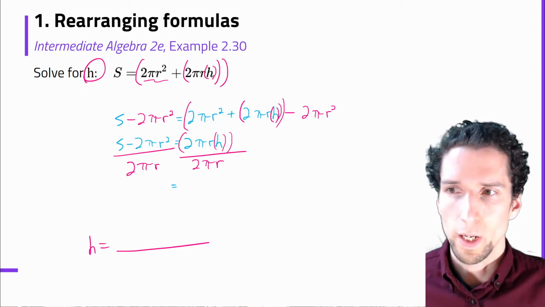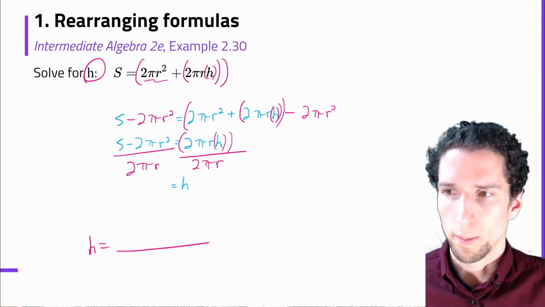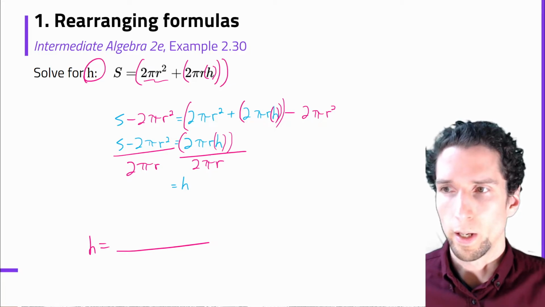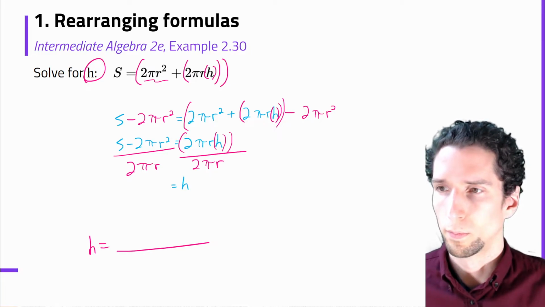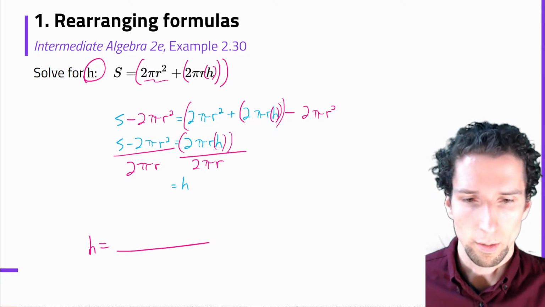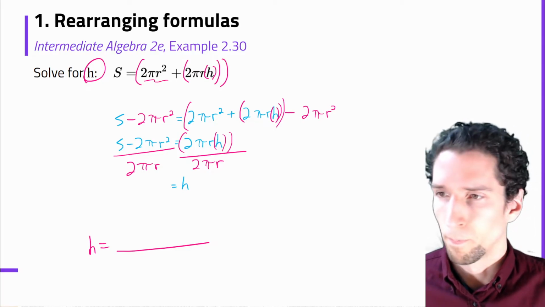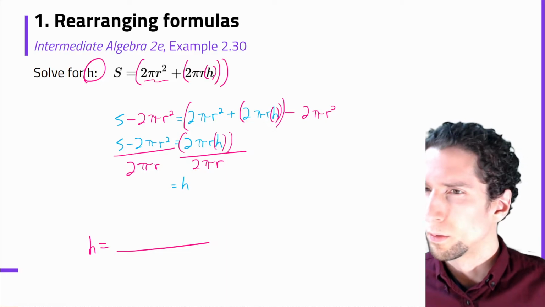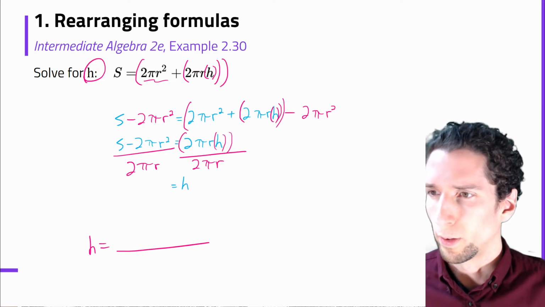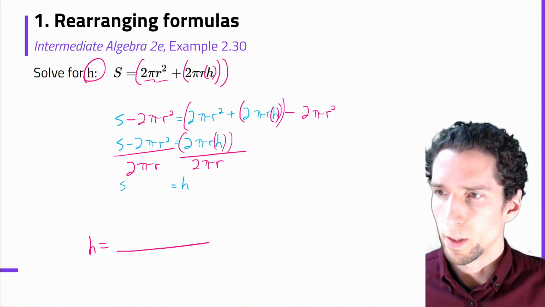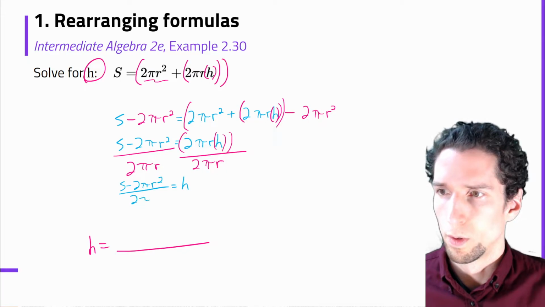And then on the left side, everything's going to cancel out except the h. And on the other side, it's just as it is. Nothing really gets simplified there. 2 pi r, yes, that's right. So s minus 2 pi r squared over 2 pi r.